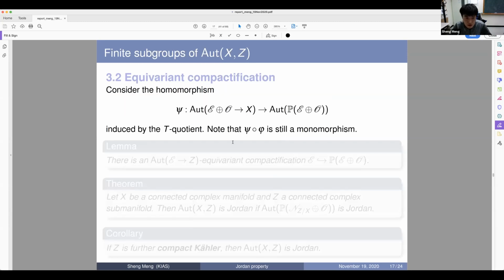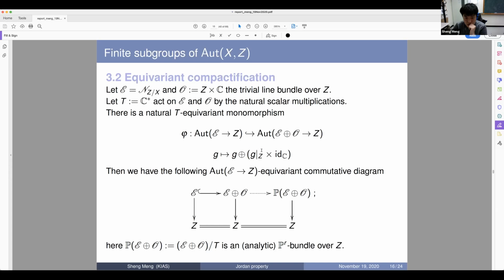Then we look at the homomorphism of this projectivization psi. This is induced by simply taking the T quotient, and of course it may not be injective, but if we consider the composite, then it is still injective, because by the natural T quotient, the kernel of psi lies in the diagonal scalar matrices. But for the image of this one, the second factor is always identity, so it is always 1.